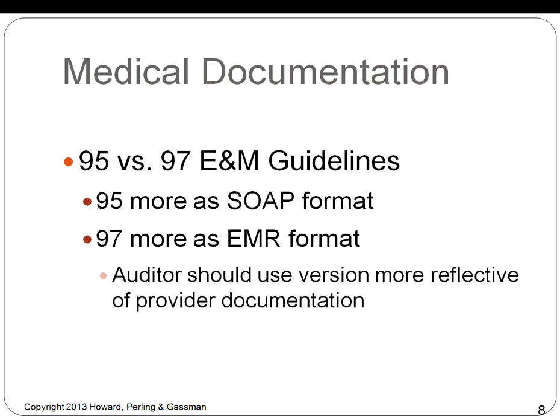I would dare say probably 30 to 40% are aware of the difference in guidelines. I think if you were to ask 99 out of 100 physicians or providers, they probably would not have a clue as to which ones they're using. I think the practice coders are more aware of it than the actual providers are.